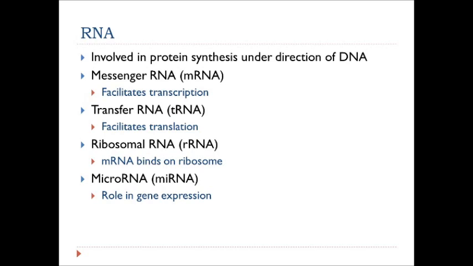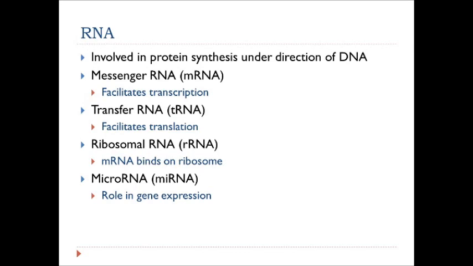When it does so, RNA only has 4 different types of nitrogenous bases as well. It has adenine, guanine, cytosine, and uracil, no thymine. So in RNA cases, adenine likes to pair with uracil. G and C still pair.